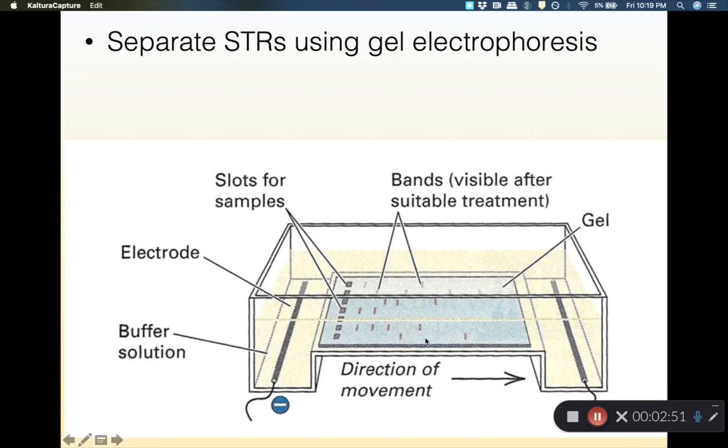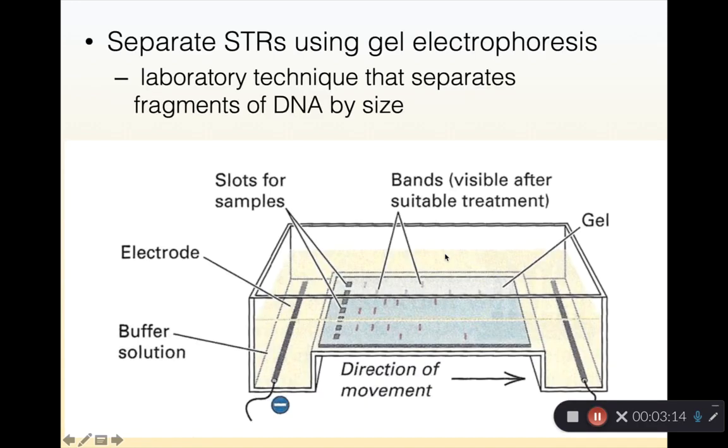The samples with the longest repeats don't travel very far, and the ones with the shorter segments travel the farthest. So basically, this is a laboratory technique that separates these DNA fragments by size. And then we can use this to identify similarities or differences in your samples.